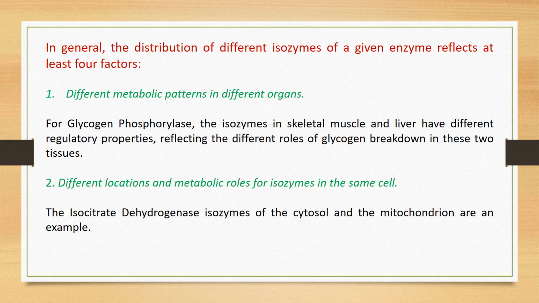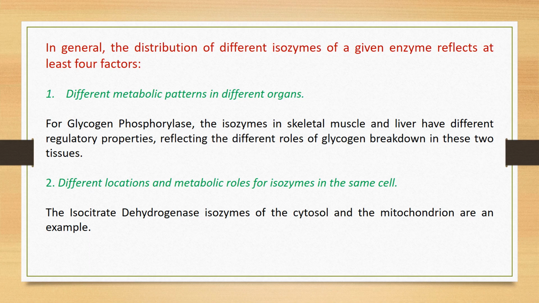Number 2, the isoenzymes may be different within the same cell. The location of the isoenzyme may be different, and it also reflects the different molecular roles of the different organelles in the same cell.